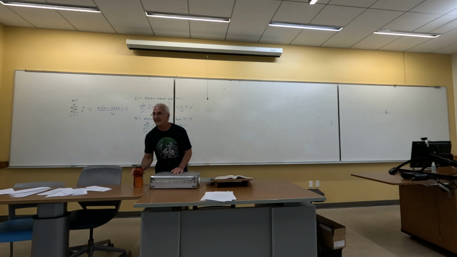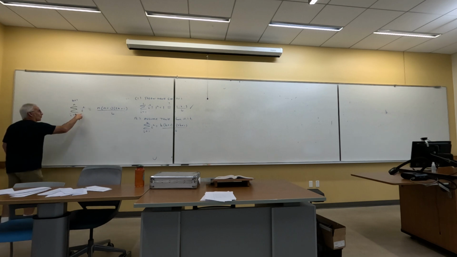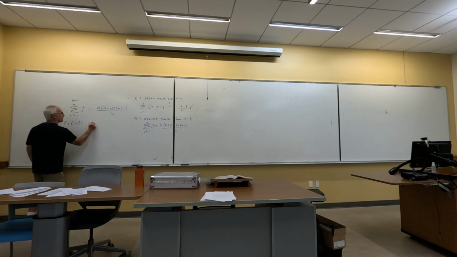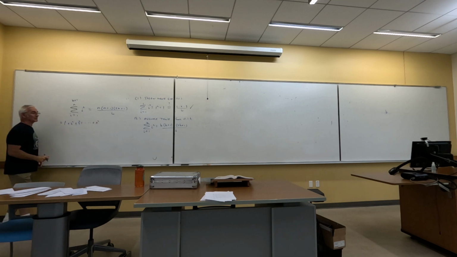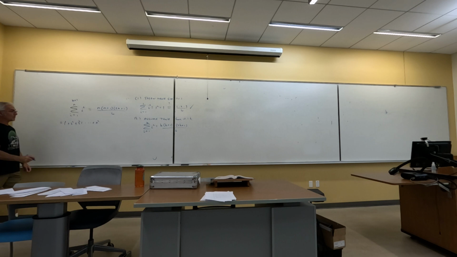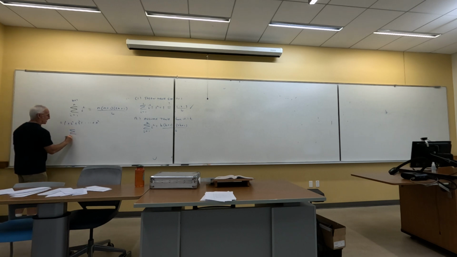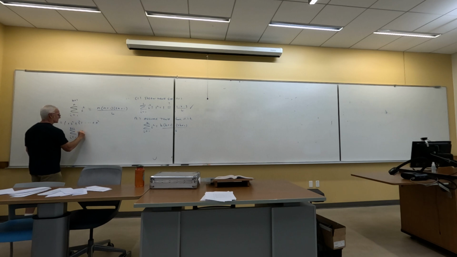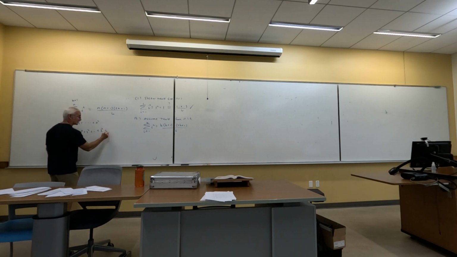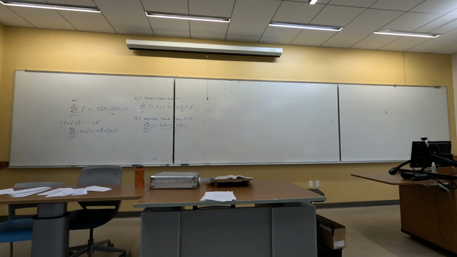So now, what is the next term? So let's remind ourselves. What does this mean? This means 1 squared plus 2 squared plus 3 squared all the way up to n squared. That's what that means. So if I wrote the sum from i equal 1 to k plus 1, that would be 1 squared plus 2 squared plus up to k squared plus... Do you agree with that statement?